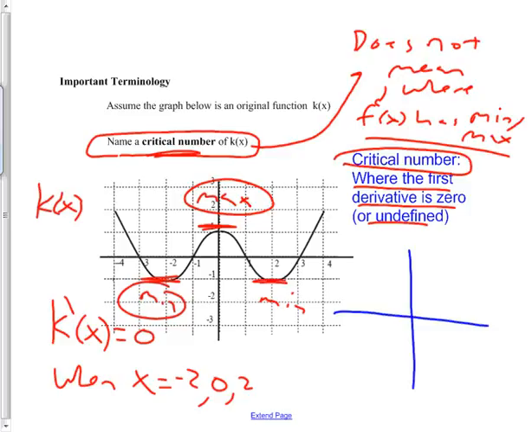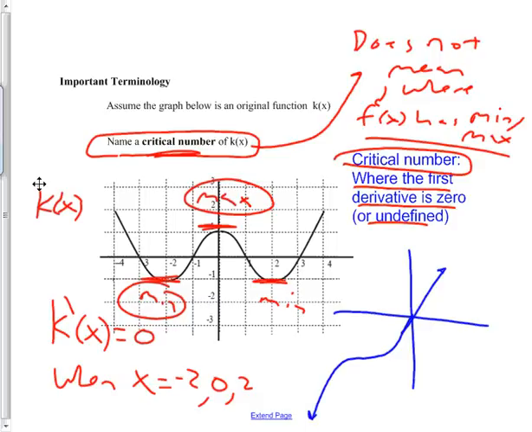demonstration purposes, draw another graph that looks like this. Let me make that even more clear because it looks like there's a min there. As we come down, we're going to have a slope of 0, but then go right back down.